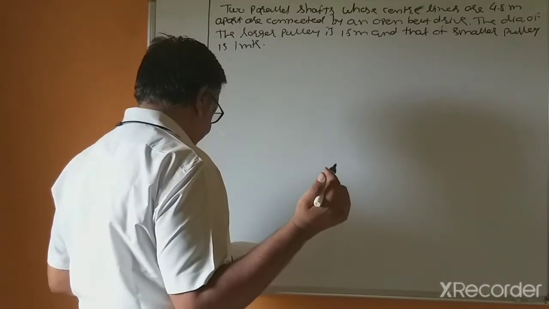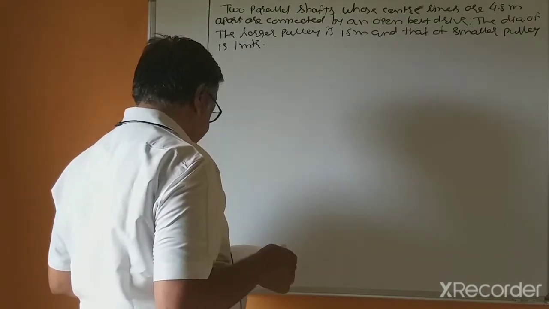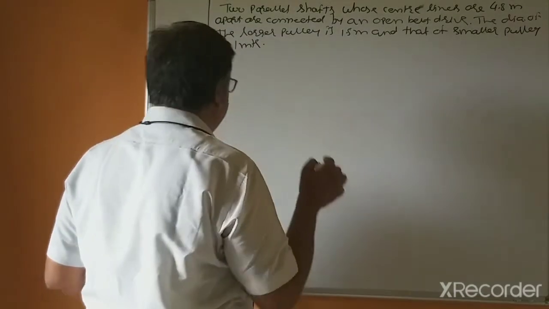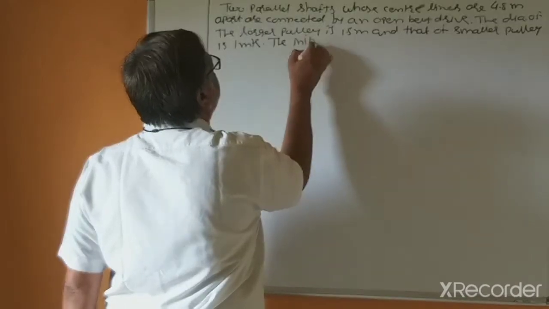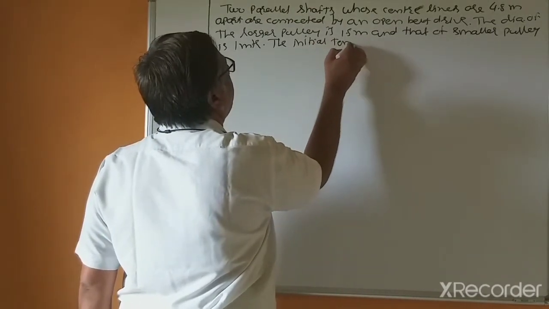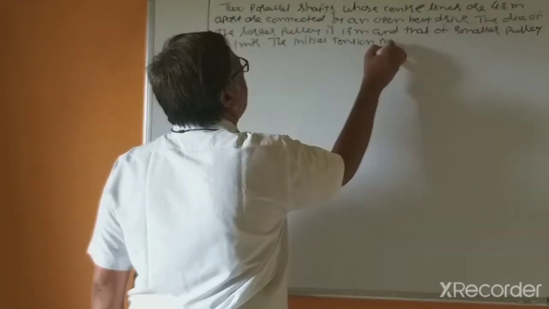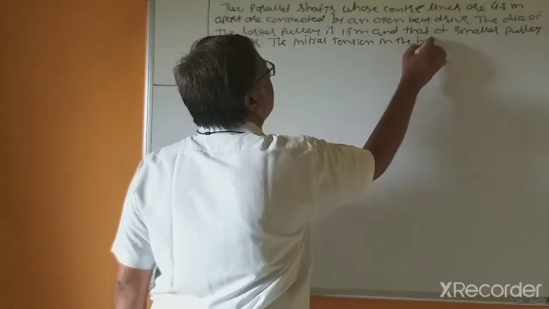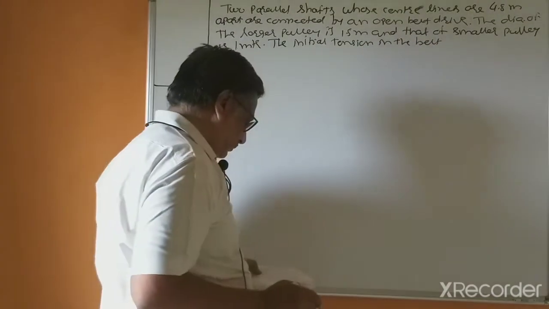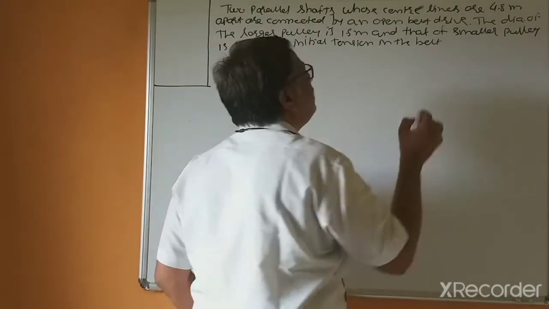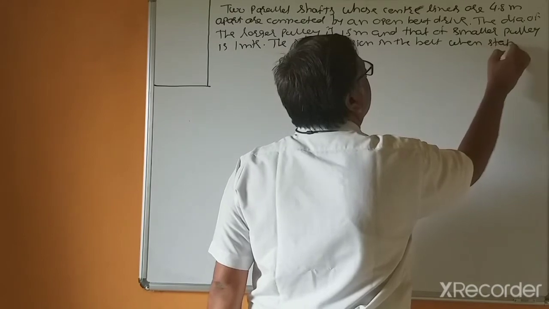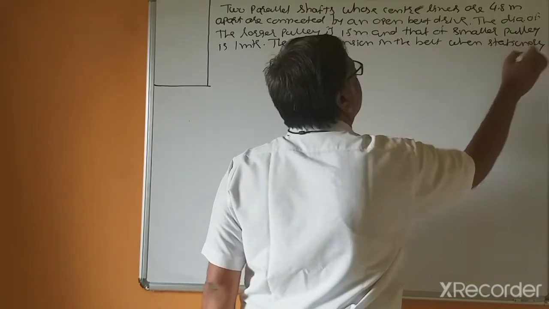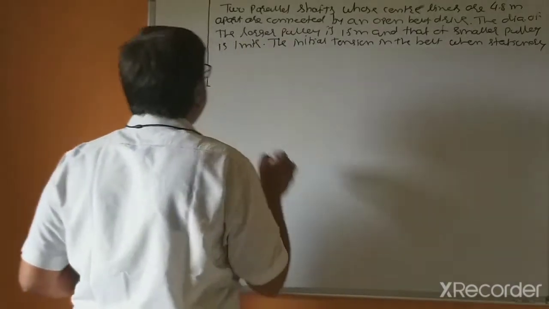The speed ratio 1.5. The initial tension in the belt when stationary is 3 kilonewton.